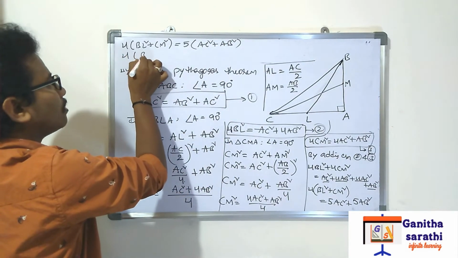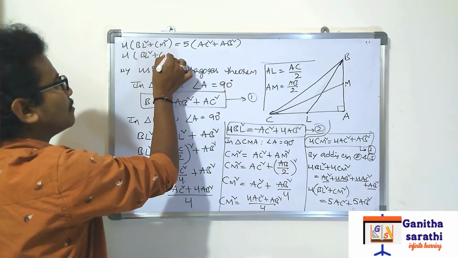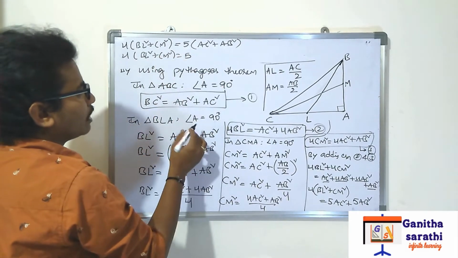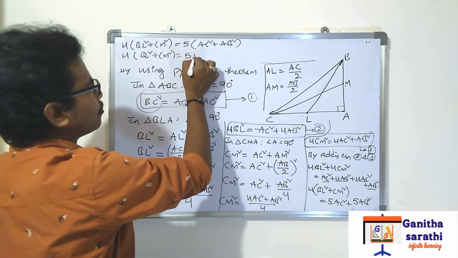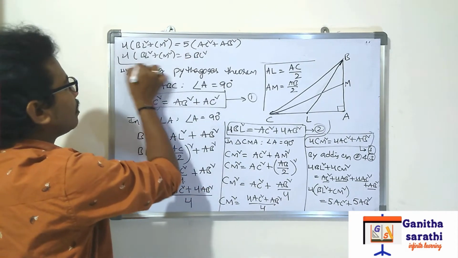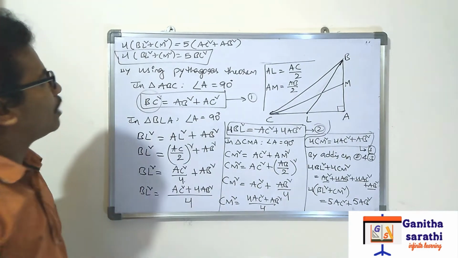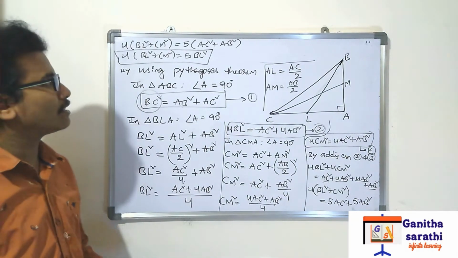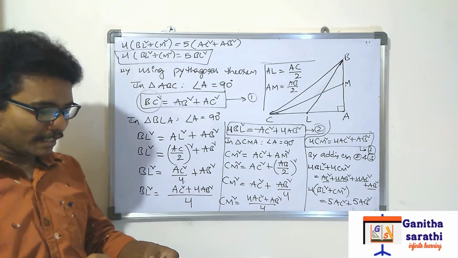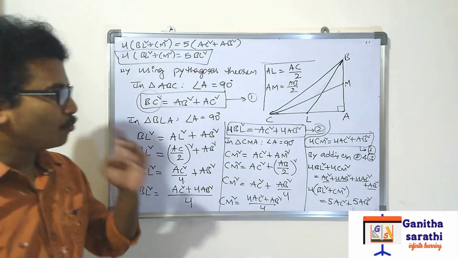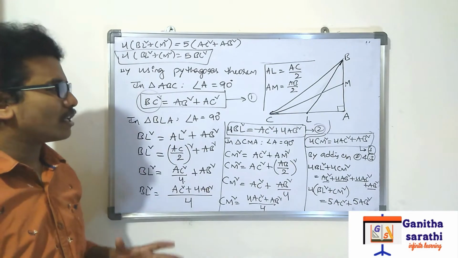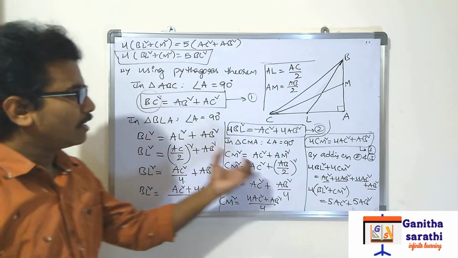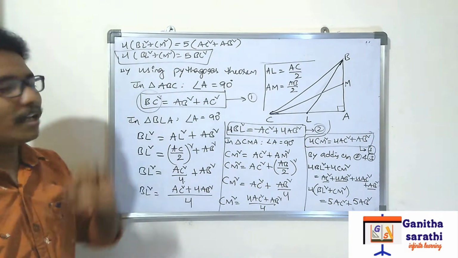So 4 into BL square plus CM square is equal to 5 into AC square plus AB square. AC square plus AB square is BC square. Substitute here, so this is our proof. 4 into BL square plus CM square is equal to 5 BC square, which is one of the most important problems in your similar triangles chapter. We use the Pythagoras theorem three times and get the proof of this theorem.